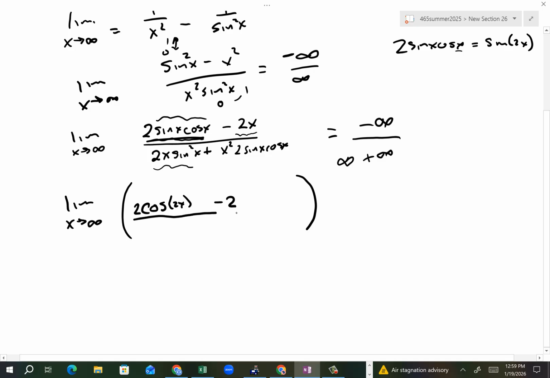Over, ouch, the bottom, this is another product rule. So that's going to be 2 sine squared x, and then plus 2x times 2 sine x cosine x, which is the same as 2x sine of 2x, and then plus 2x squared cosine 2x.